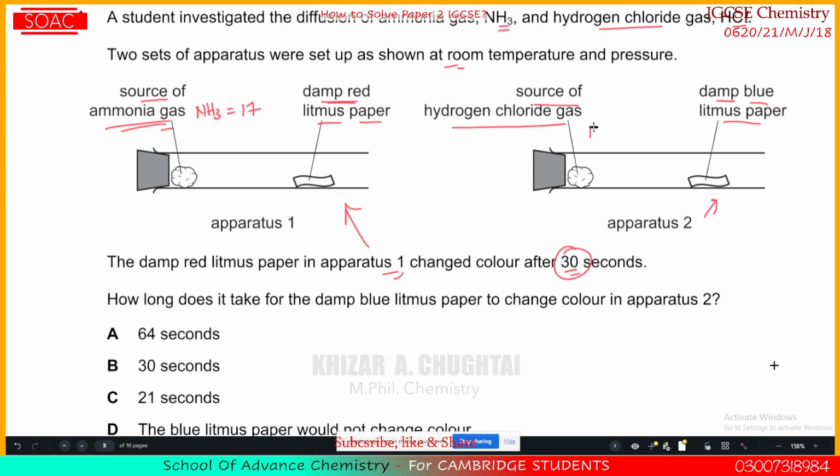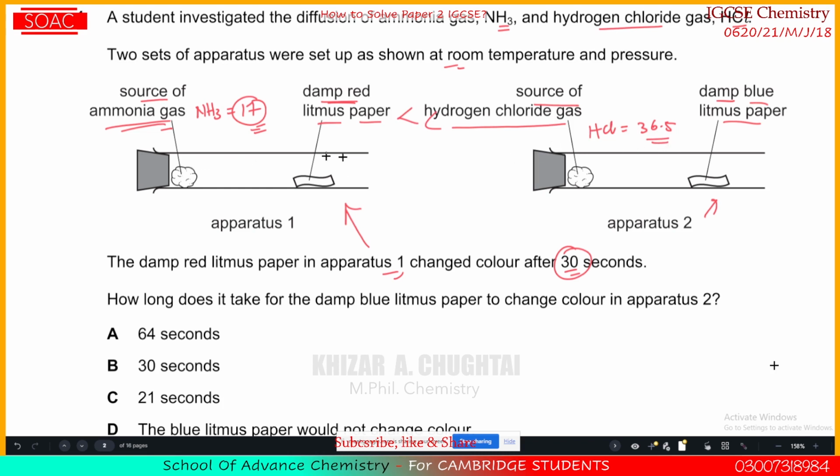What is the Mr of HCl? That is equal to 36.5, right? So the mass of ammonia is almost half as compared to 36.5.